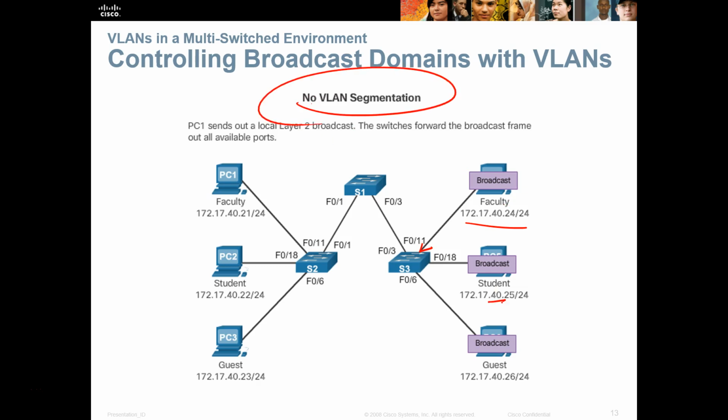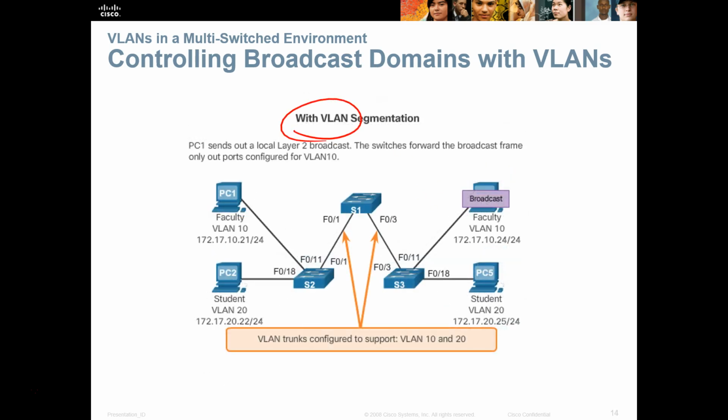So you might not have noticed that all of these are on the same subnet. Since these are on the same subnet, if a broadcast enters the switch port, it would be forwarded out every other port other than the one it was received on. Okay, so there's no stopping the broadcast until it reaches the router.